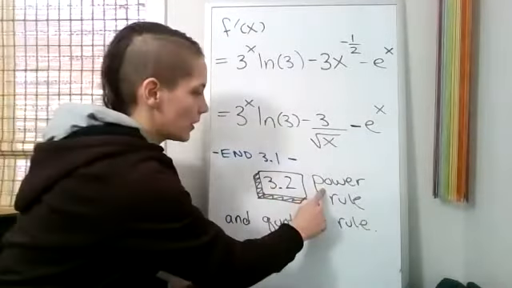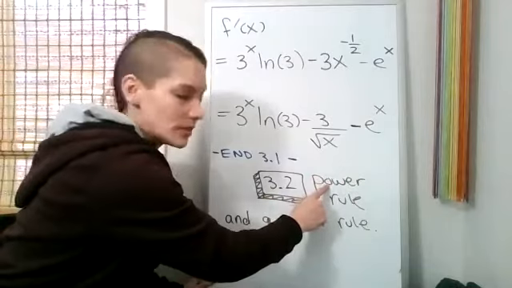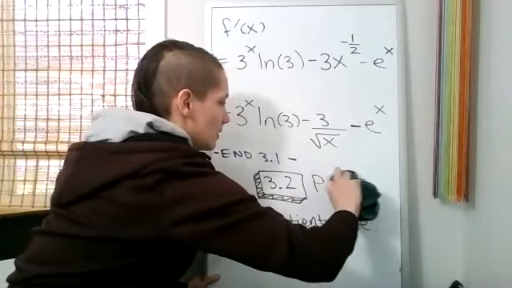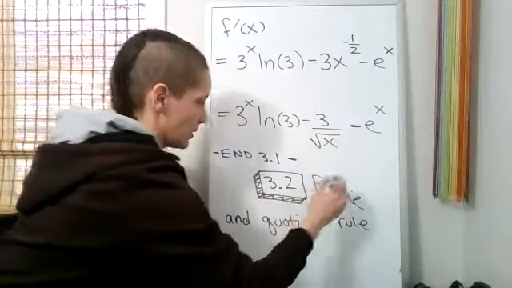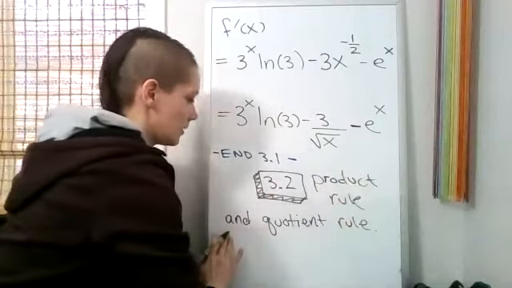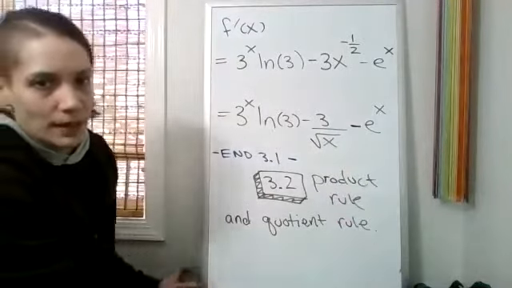Oh, I'm sorry, not power, product rule. Product and quotient. That's better. Let's do the product.